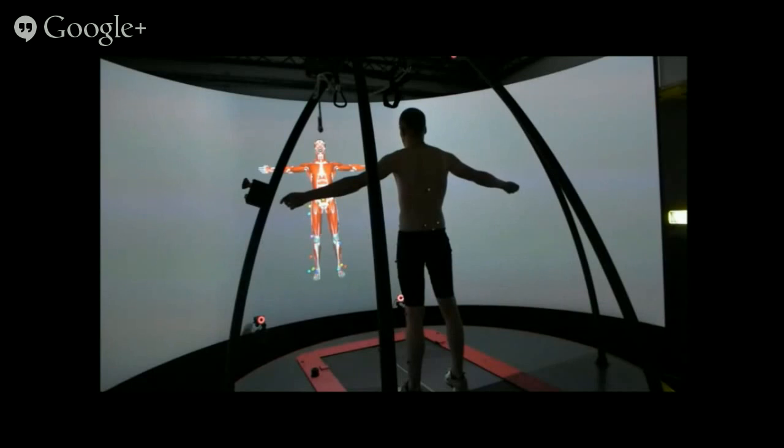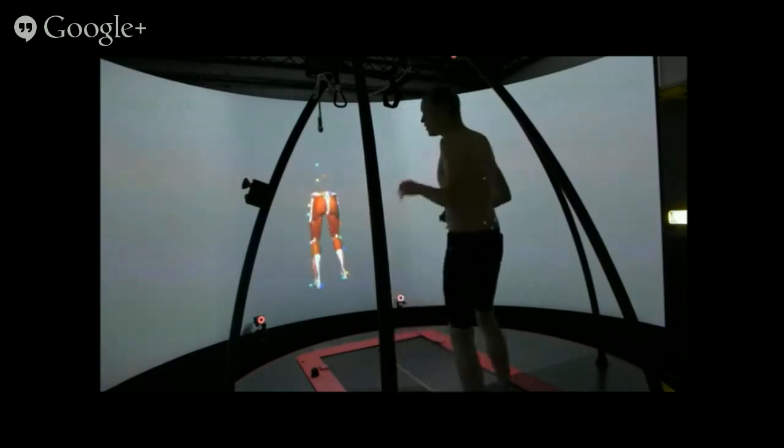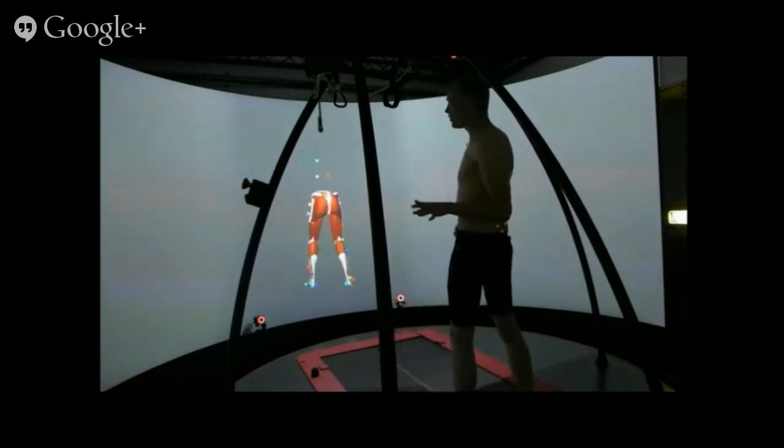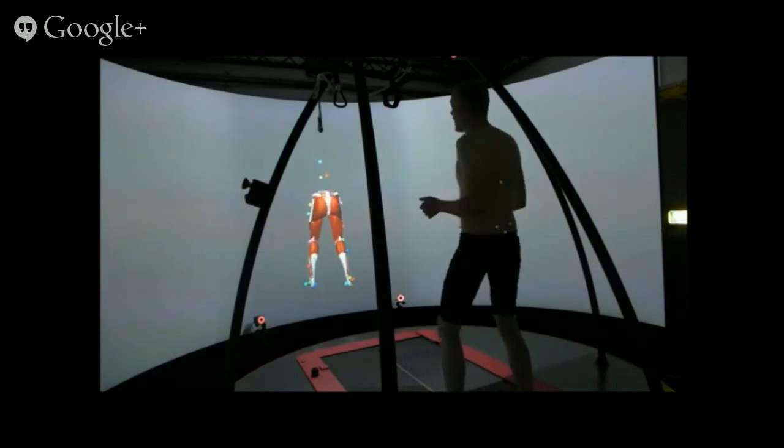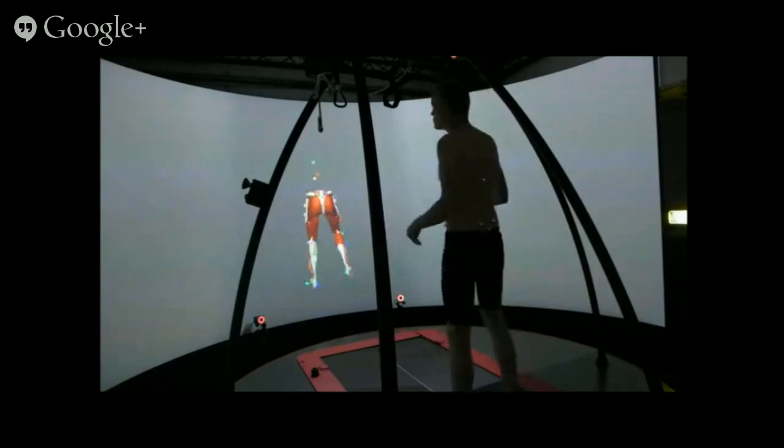Here you can see the operator has now turned on the skeletal model, and it's generating that skeletal model in real time. As the muscles are predicted to have force in them, they go from being an orangey colour to being green.